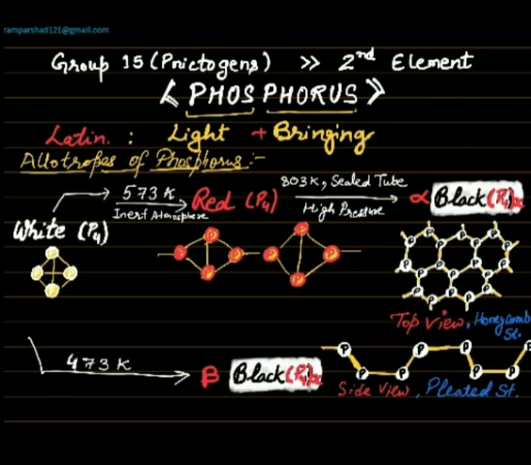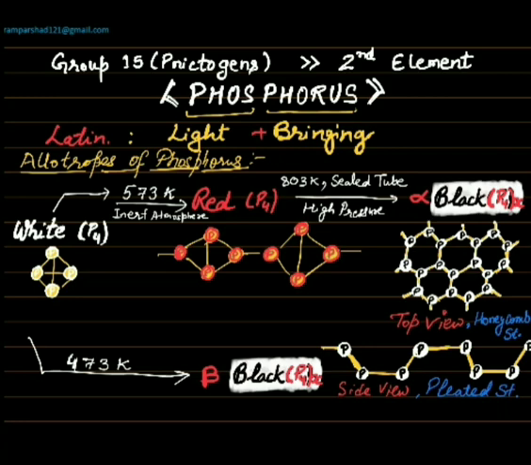When this white phosphorus is heated at a temperature of 573 Kelvin in an inert atmosphere of carbon dioxide for several days in a sealed tube, red phosphorus is formed. In this way, a large number of P4 molecules get polymerized to form long chains of red phosphorus.